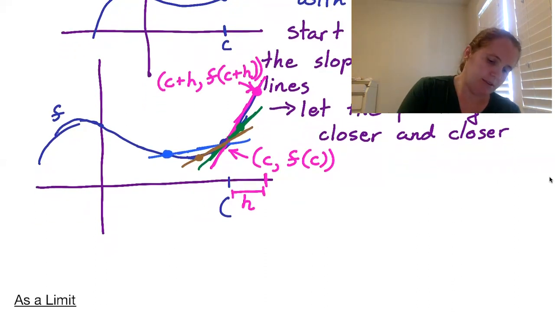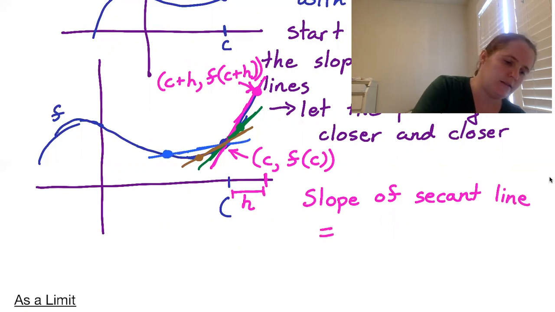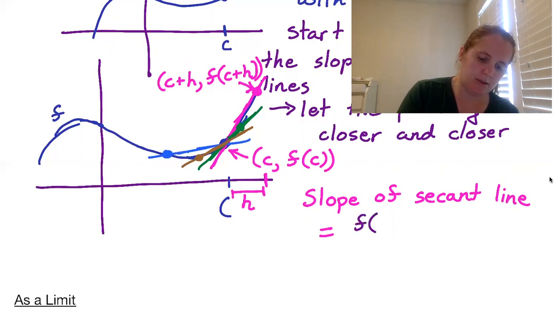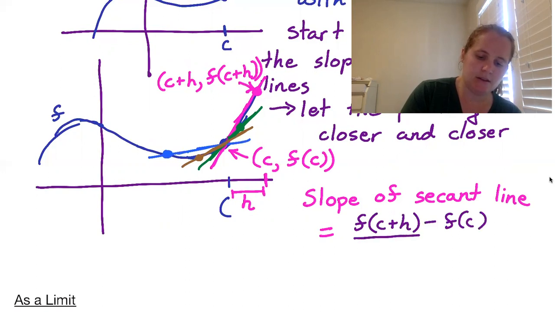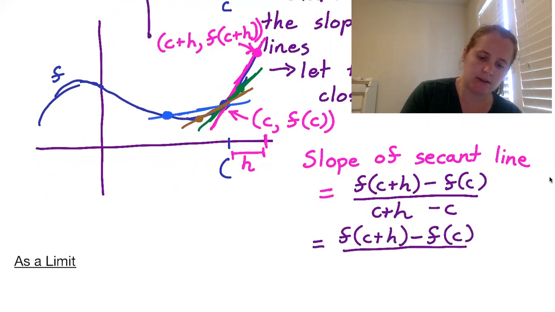So the slope of the secant line is given by f of C plus h minus f of C all over C plus h minus C, otherwise known as f of C plus h minus f of C divided by h.